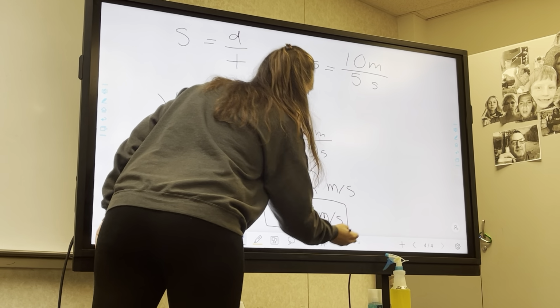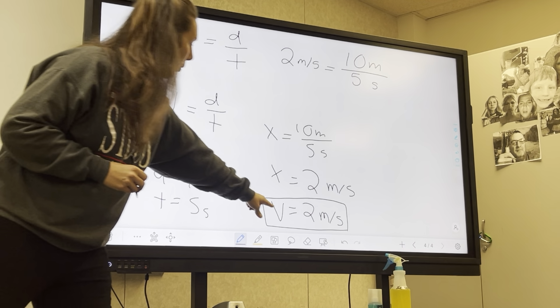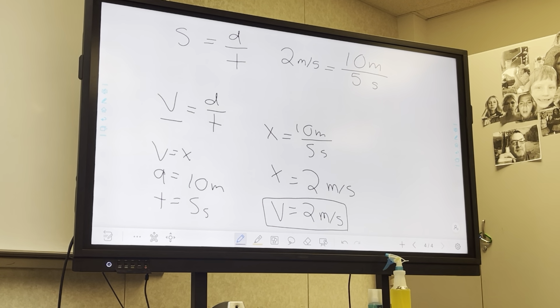Y'all, I know, I even get it mixed up sometimes, but in physics, we got to do v for speed. So you could use the x the whole time, or you could use the v, but whenever you solve, you have to have what you're solving for with the correct variable.